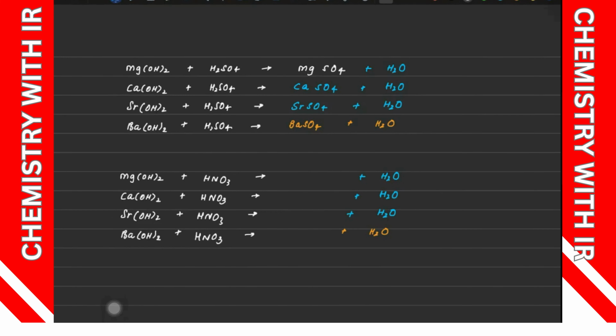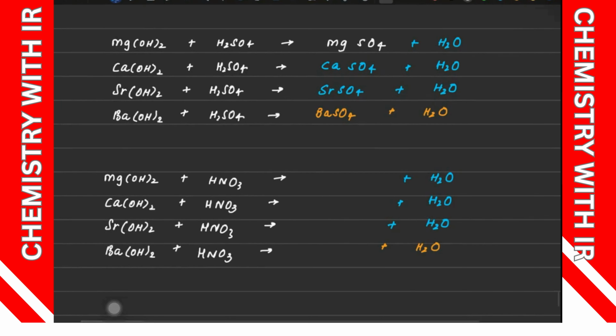MgNO3. Is the charge of NO3 negative 1 or 3?